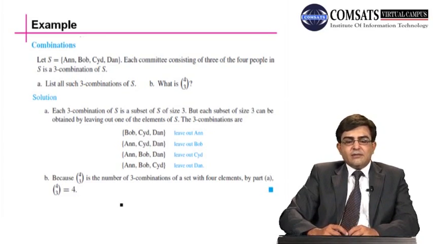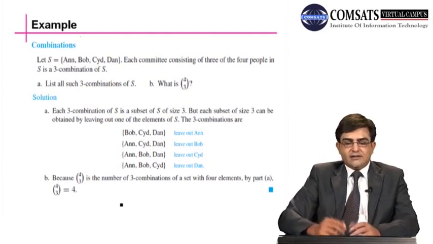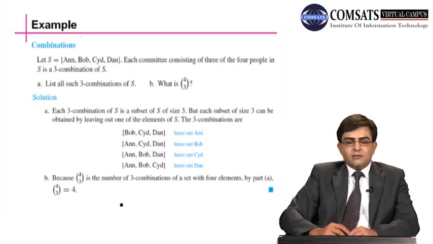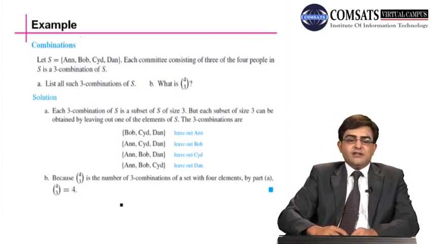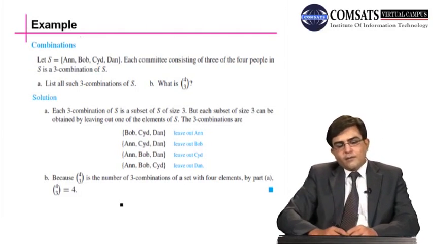let S be the set of 4 people, and we had discussed this example when we discussed combinations. We have to form a committee consisting of 3 of the 4 people in S, which is a 3 combination of S. List all such 3 combinations of S. What is 4C3?